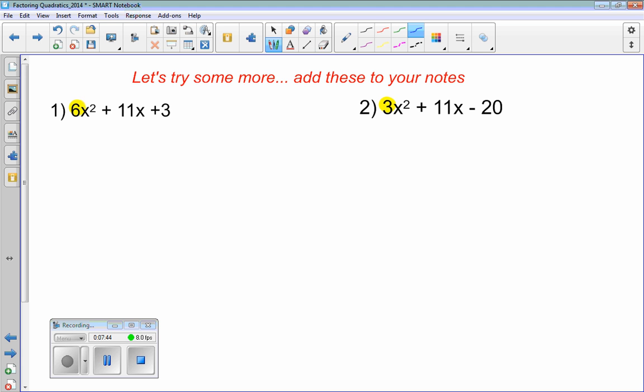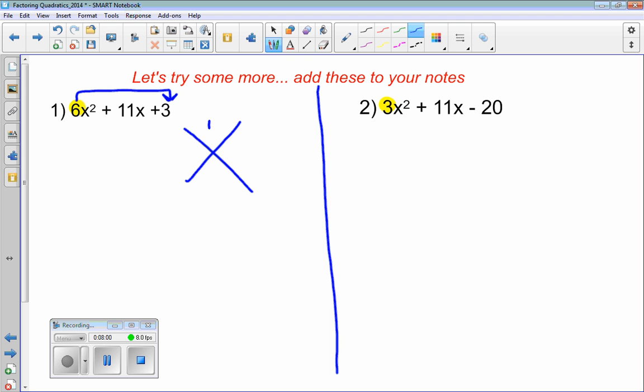So we'll just do one at a time. On the left-hand side, what number do they have to multiply to be? 18. Where did the 18 come from? 6 times 3. Okay, they have to, so the numbers I'm going to use multiply to be 18. Matthew, what do they add to be? 11.